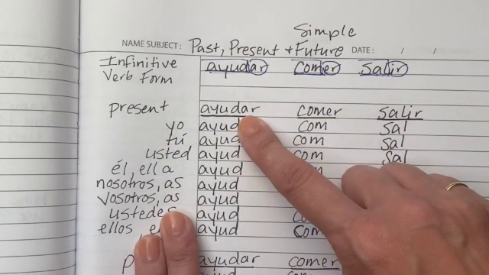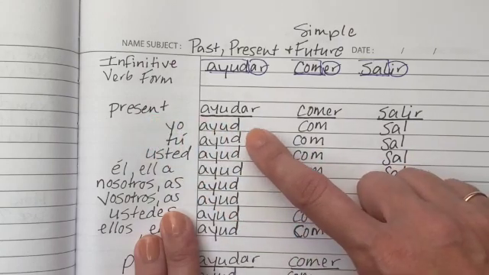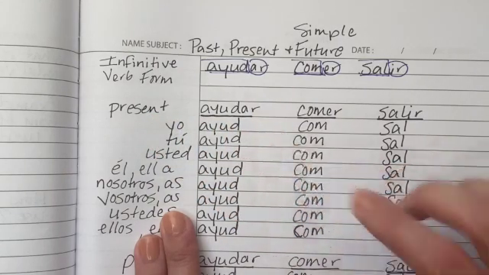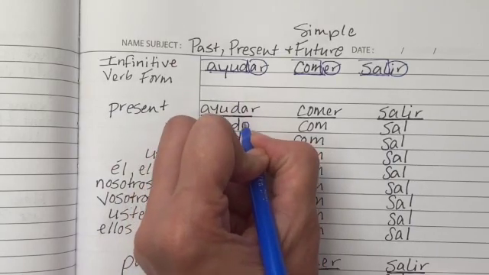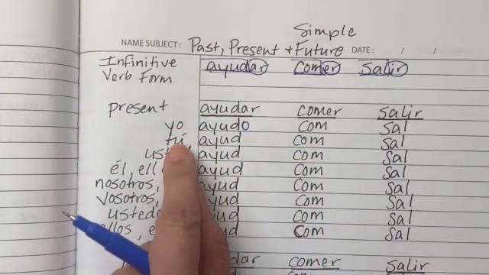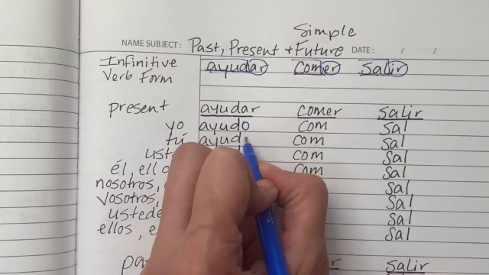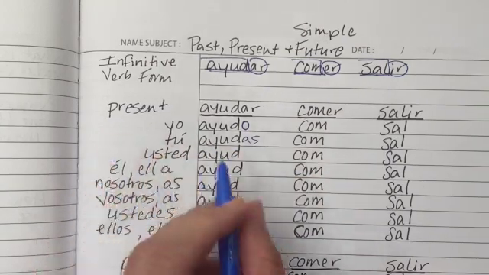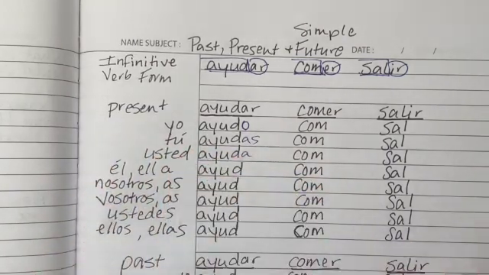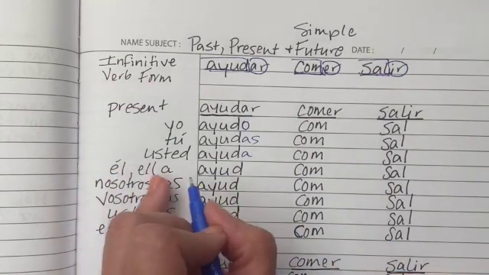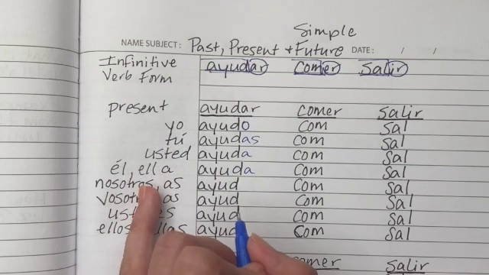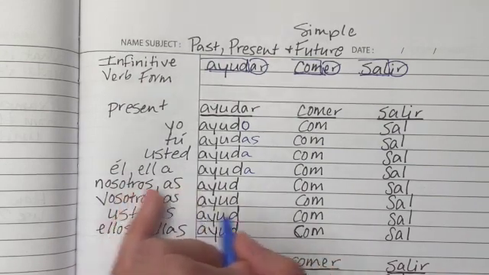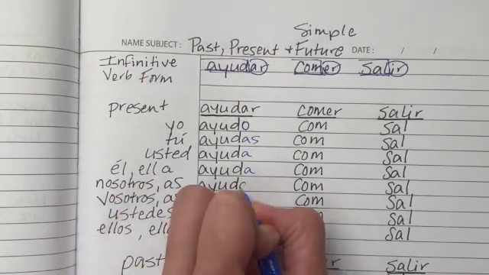That's an AR verb, so we're going to use the present tense AR verb endings here. So I help is yo ayudo, with an O. You help informally, tú ayudas. Or formally, usted ayuda. He or she helps, él or ella ayuda. We help, nosotros or nosotras, if it's a group of girls, ayudamos.